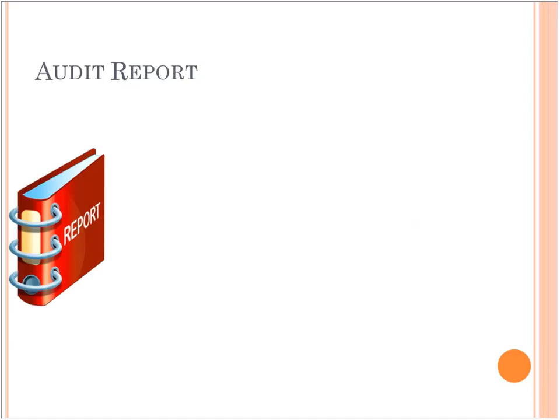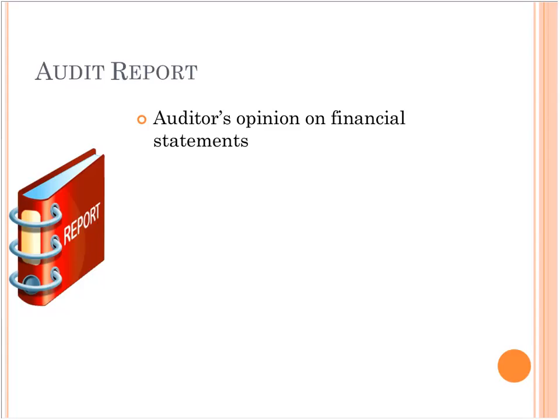So let's just take it apart and see what the pieces of that document really are. The first piece of that document is an auditor's opinion on the financial statements. This is in a letter format, and we'll go through this in a little bit to take a deeper dive into what that looks like.